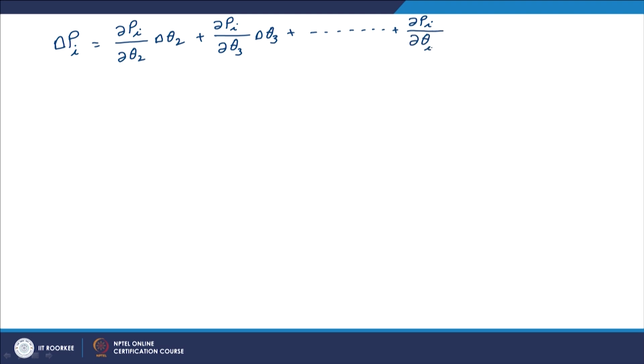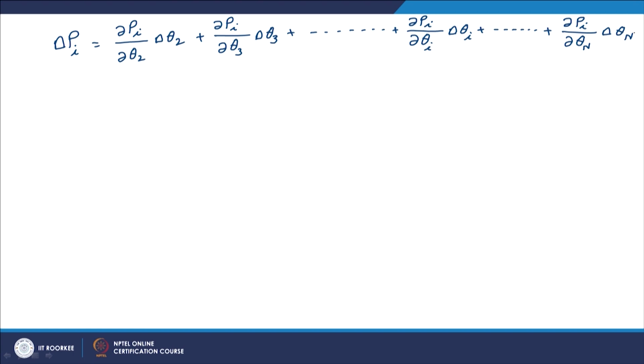We get del Pi is equal to del Pi by del theta 2 into delta theta 2 plus del Pi by del theta 3 into delta theta 3 plus dot, del Pi by del theta i into delta theta i plus dot, del Pi by del theta n into delta theta n.